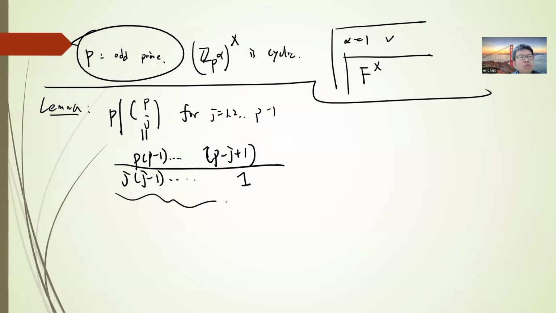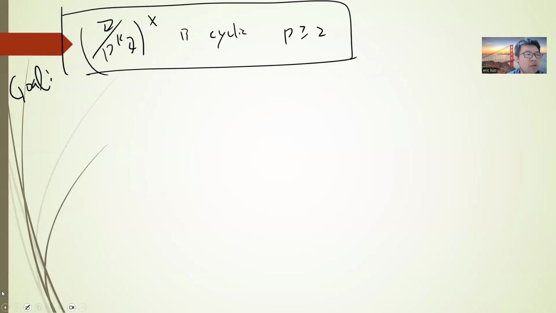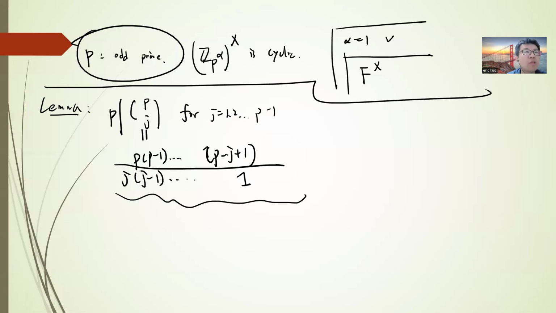Every factor below is less than J, and P is a prime power, so P is prime, so there's no extra factor that can cancel P. Which finishes the proof.